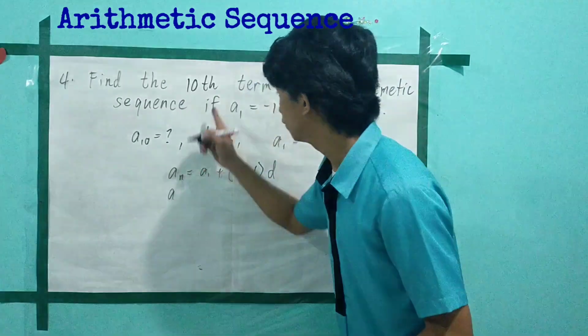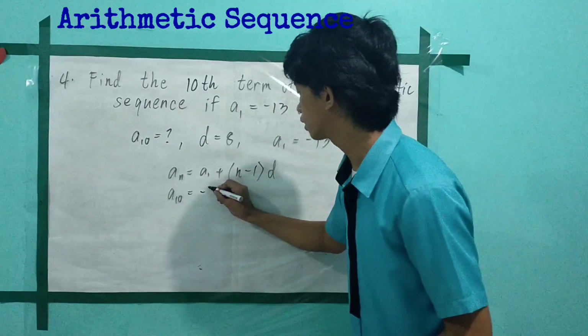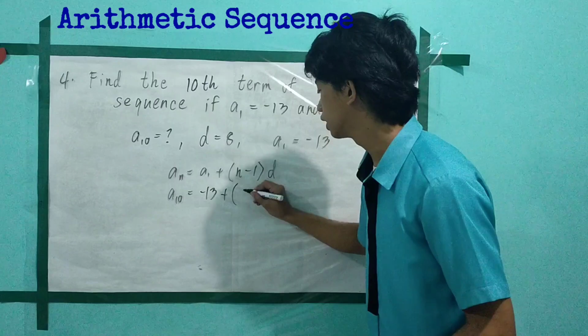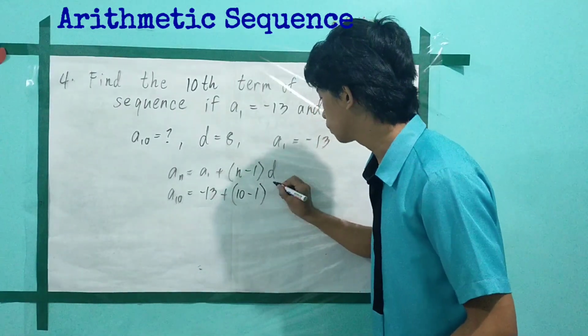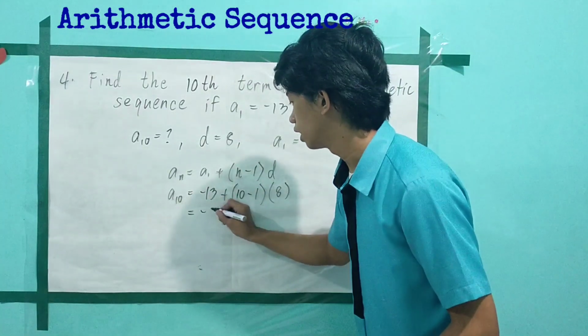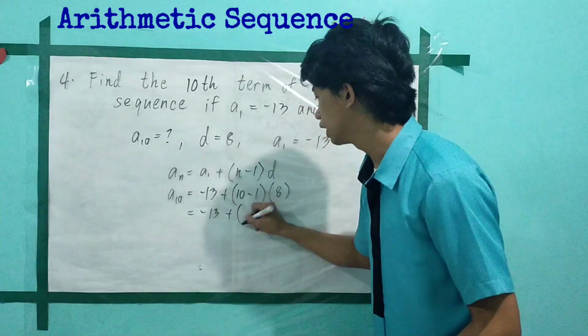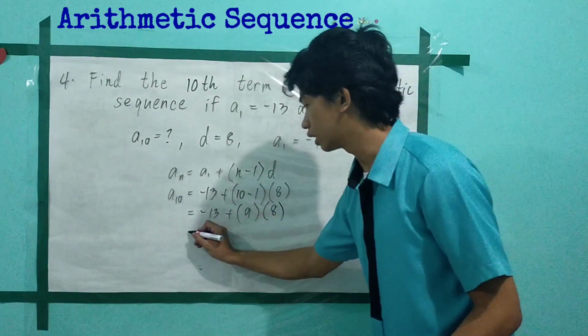Okay, a sub 10 is equal to, anong a sub 1 natin? We have negative 13 plus n, number of terms, we have 10 less 1 multiplied to the common difference, which is 8. Yan. Negative 13 plus 10 less 1, we have 9 multiplied to the common difference, 8. Ayan.